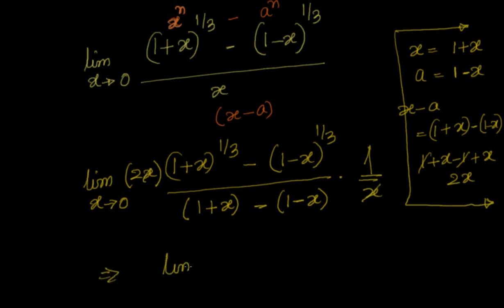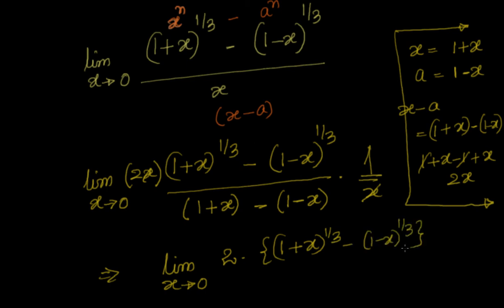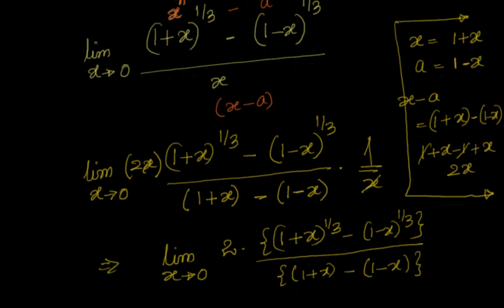This is nothing but equal to limit x tends to 0, 2 into 1 plus x whole to the power of 1 by 3 minus 1 minus x whole to the power of 1 by 3 divided by 1 plus x minus 1 minus x.